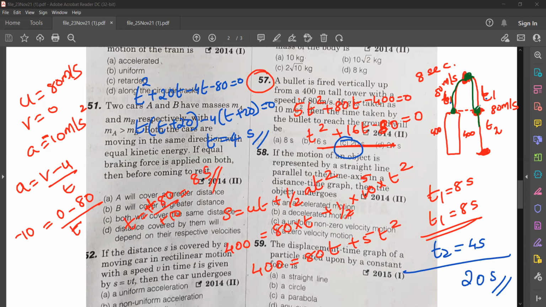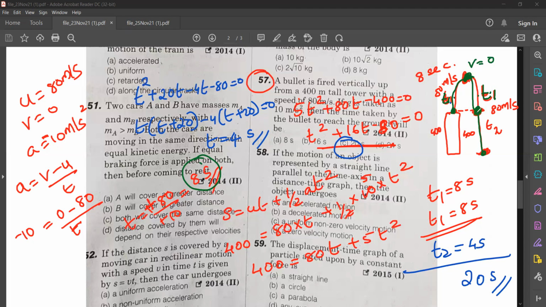Then from here to down, that I marked as T2. Now I know here velocity v is equal to 0. So using this formula, I found out time. Time I got as 8 seconds. So these two T1 are 8 seconds. So 8 seconds plus 8 seconds.